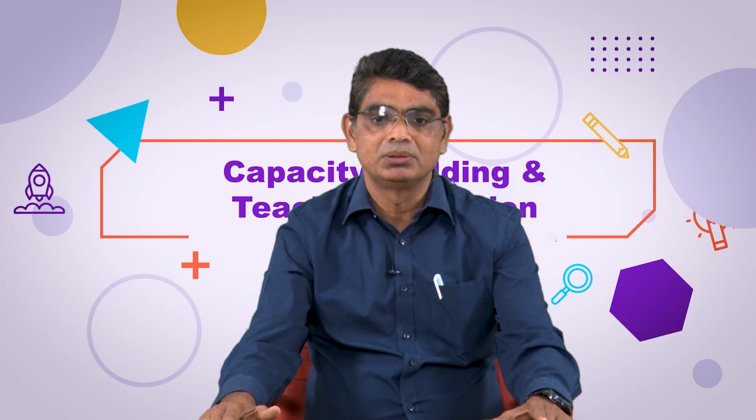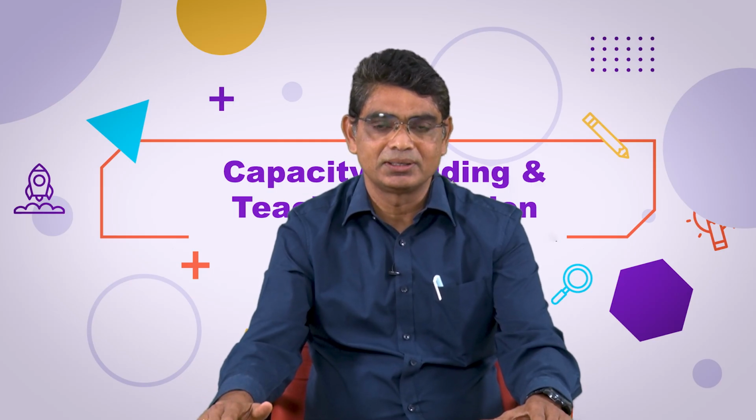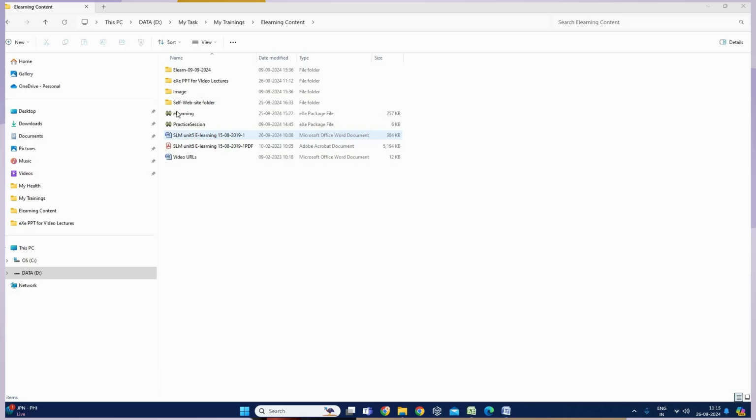I will show you the project of one eXe package file and run it. Now I will open that eXe learning package, which we already created from the SLM Word document. I am clicking that file.